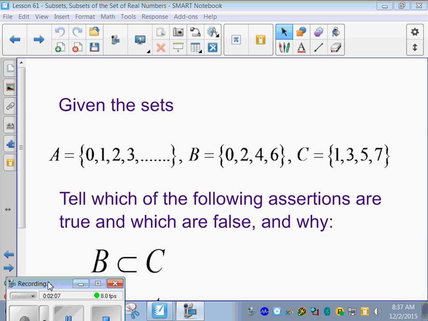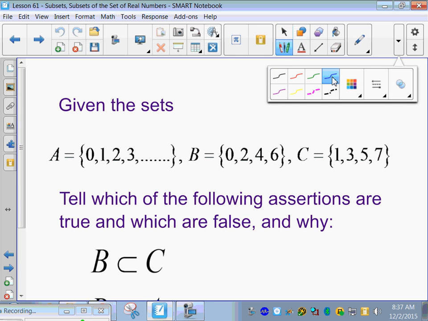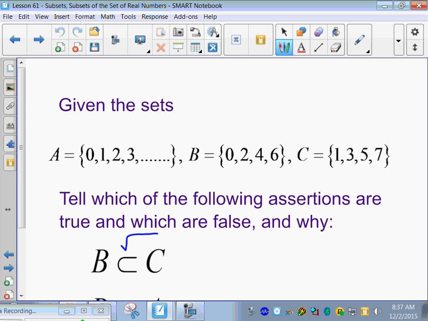Okay. Tell which of the following assertions are true and which are false and why. So B, and this symbol here, you guys, you have to know what this means. So write this down. It means is a subset of.